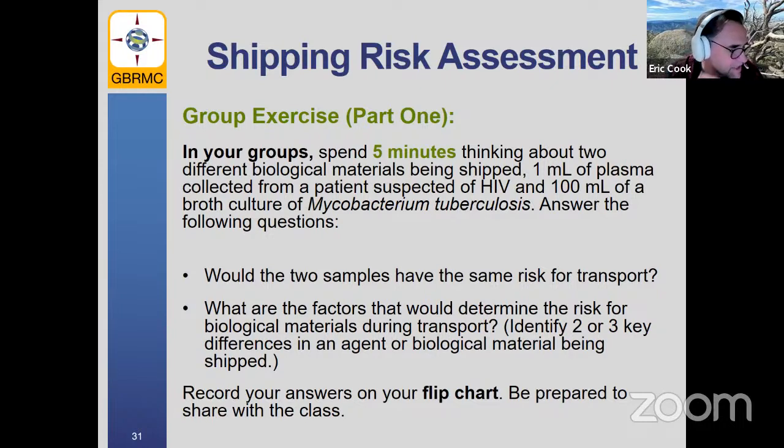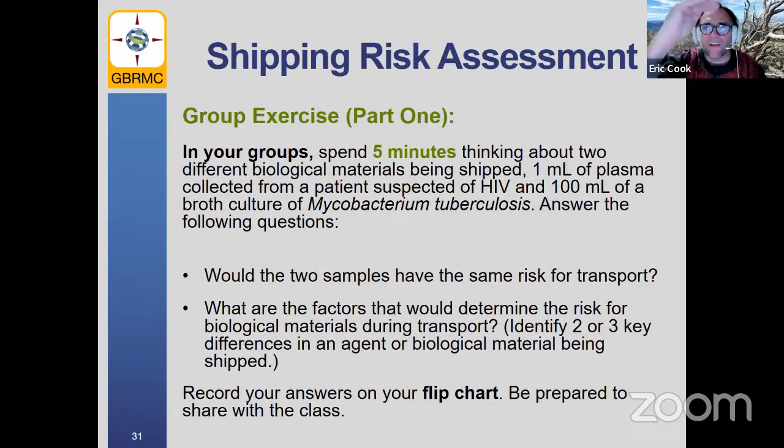What are the factors that would determine the risk for biological material during transport? What are the two or three key differences between shipments, not in how it's packaged? Let's say both shipments have the same packaging. Let's not look at the packaging, but what factors would determine how dangerous a shipment is? I'm going to give you a minute to think of those.